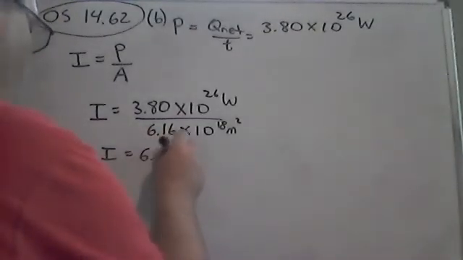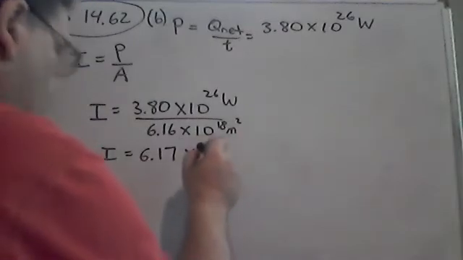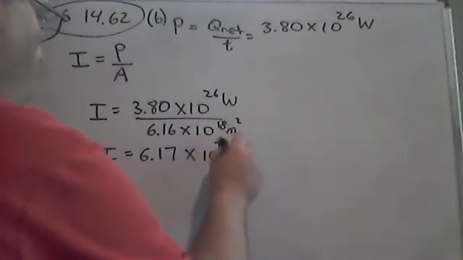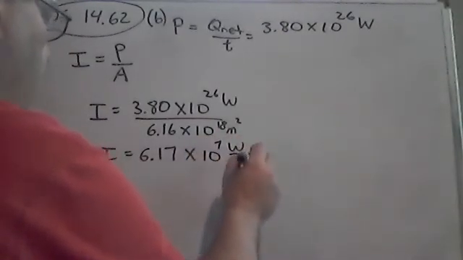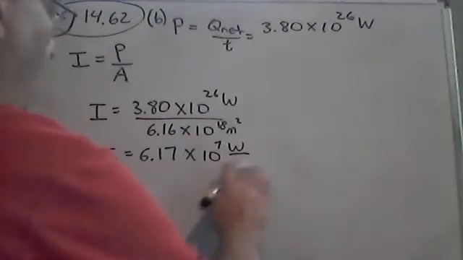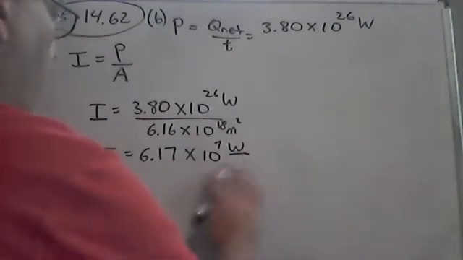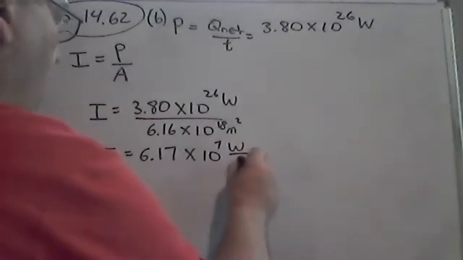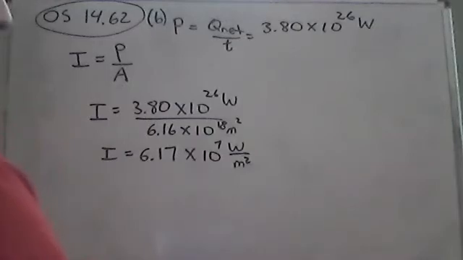It is 6.17 times 10 to the 7th watts per meter squared, 61.7 million, or megawatts per meter squared. Okay, no life form is possibly going to exist in such close proximity to the sun. That intensity is out of this world. So you're not going to be able to do that.